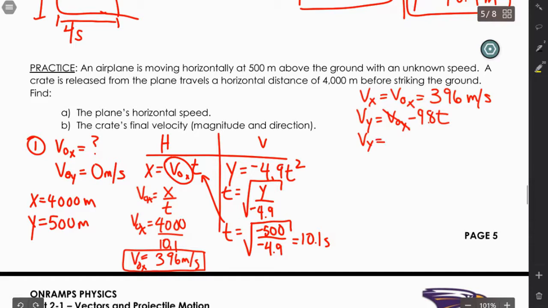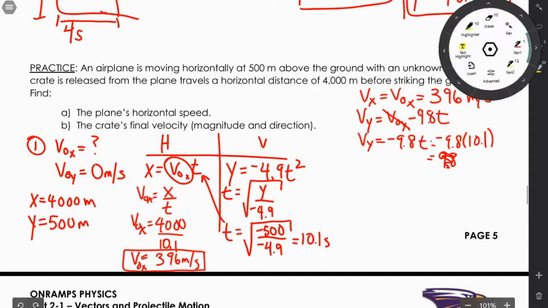So our y component is going to be negative 9.8 times t, which is negative 9.8 times 10.1, which equals approximately 98. But let's figure it out since we are using 10.1. So it's going to be 98, really 99.0. Okay, so it's going to be 99.0 meters per second.